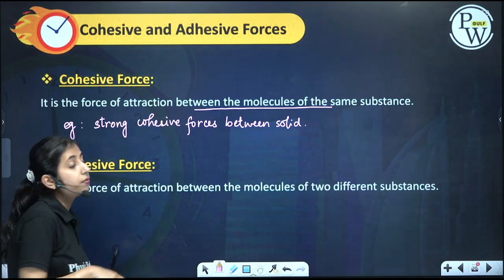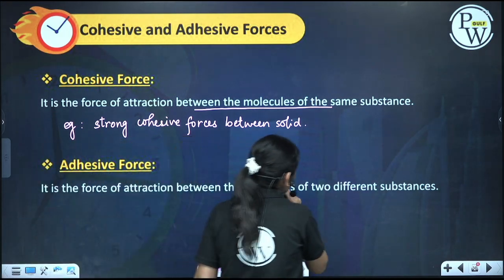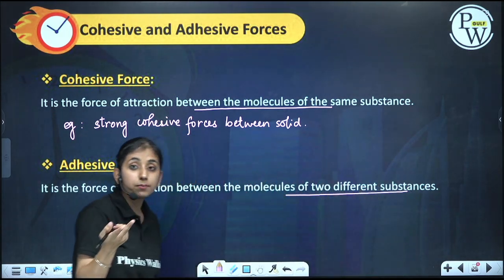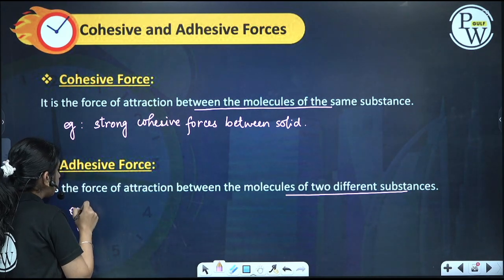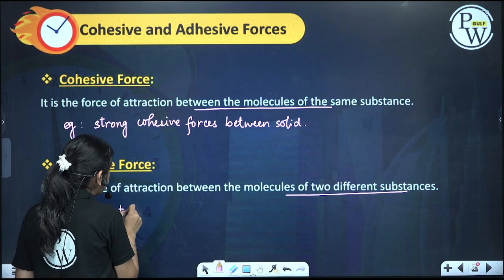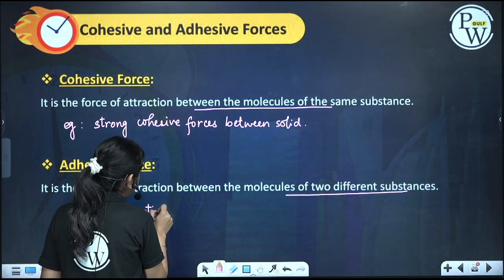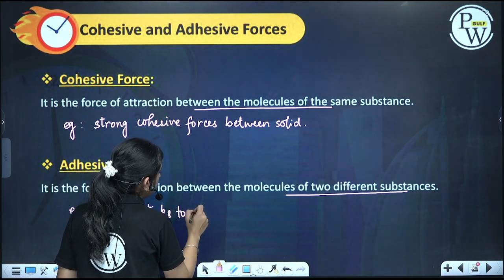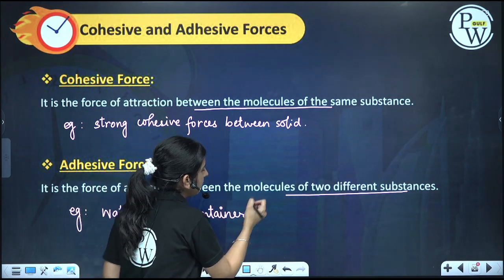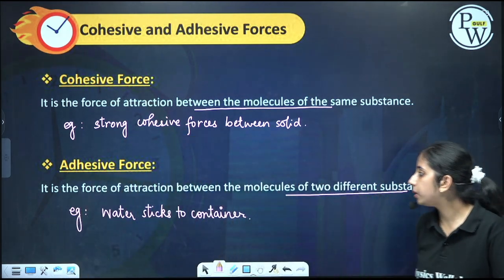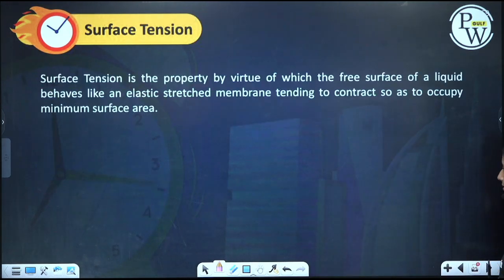Next is adhesive force. The force of attraction between molecules of two different substances is called adhesive force. For example, water sticks to the container and can wet it.